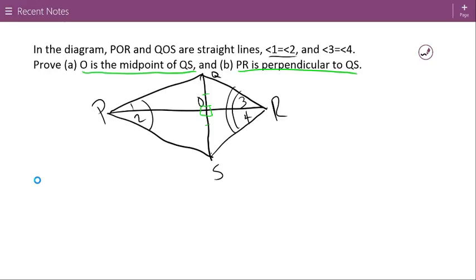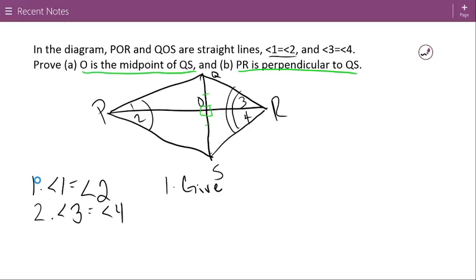Okay, so going with our proof, starting with our given: 1, angle 1 is equal to angle 2, given. 2, angle 3 is equal to angle 4, given.